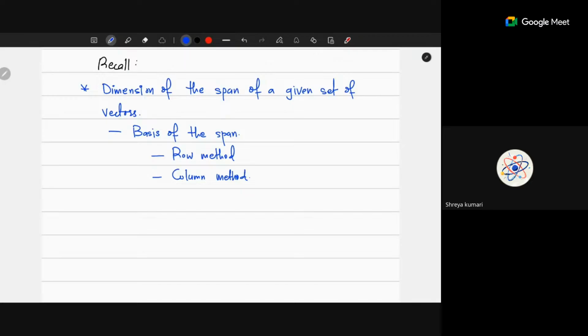The row method is to find the basis vectors, and the column method is to find basis vectors that are coming from the spanning set. So that's the difference between these two methods.